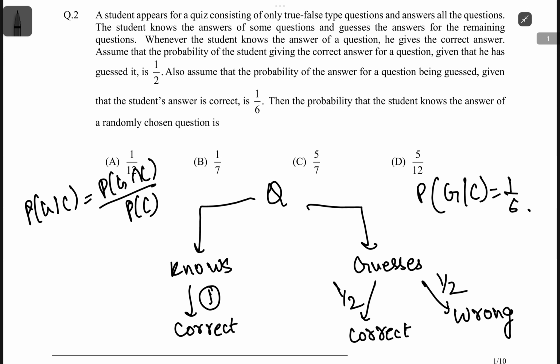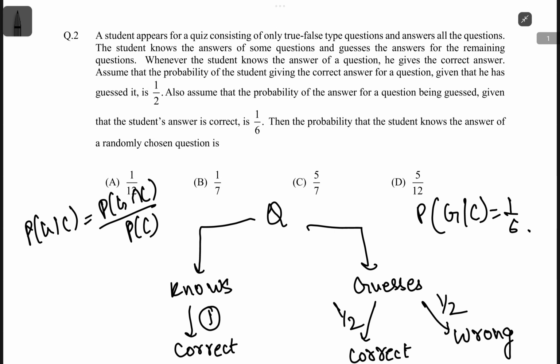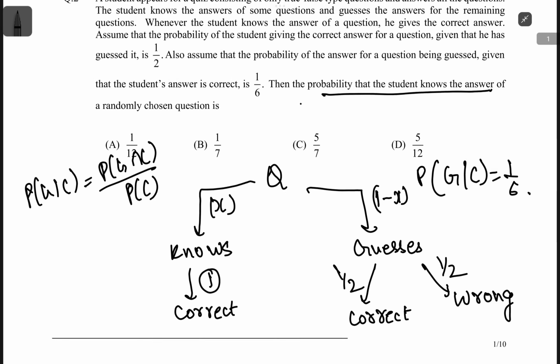So we want to find the probability that a student knows the answer of a randomly chosen question. So we need to find the probability x of this part. So this would be 1 minus x, right? The probability of him knowing is x, and the probability of him guessing the question is 1 minus x.